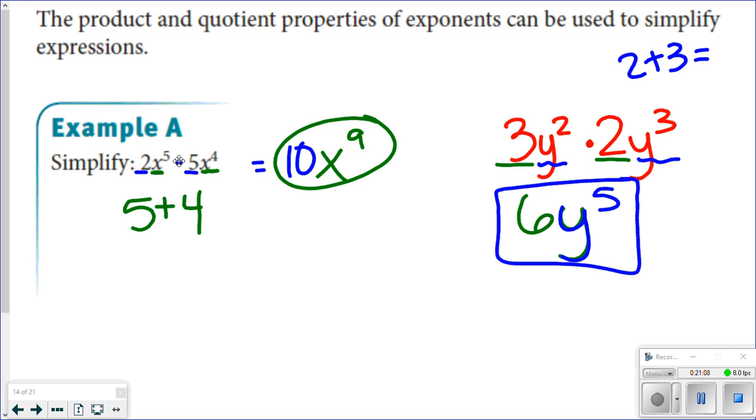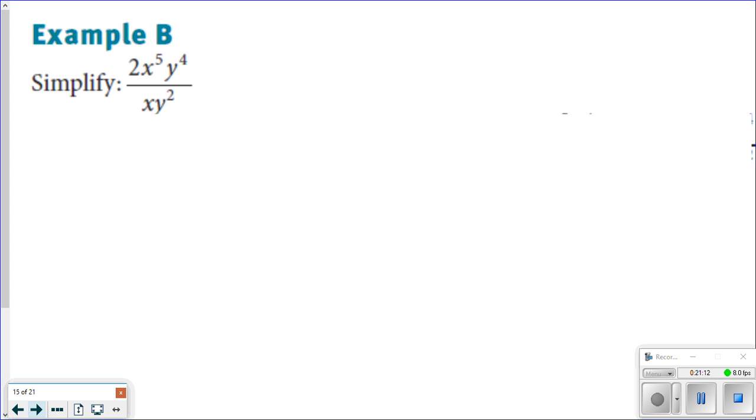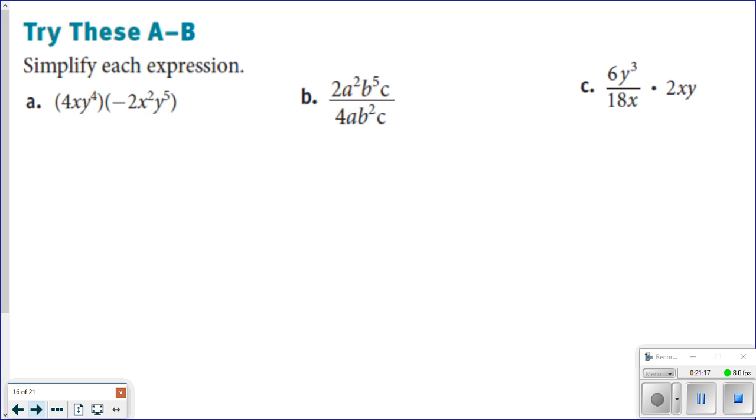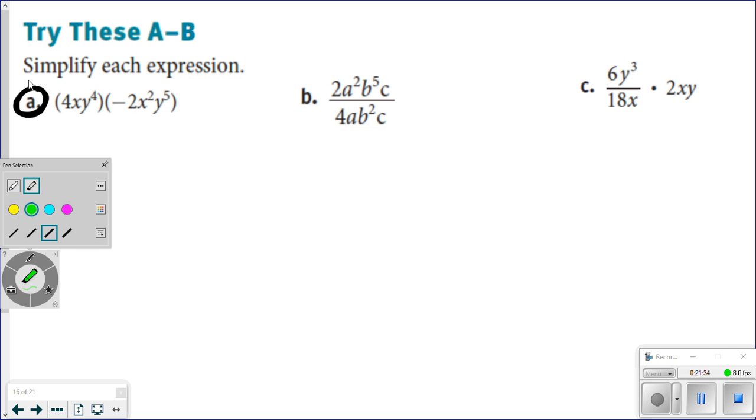And now again, we're going to jump to page 290. Where it says try these A through B. And we're just going to do question A here. You should have enough room to write underneath it. So go ahead and try to work through this question the best you can.